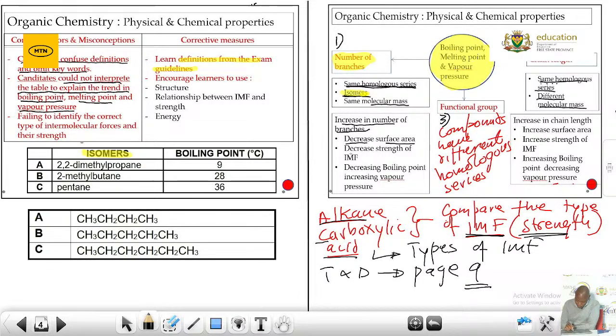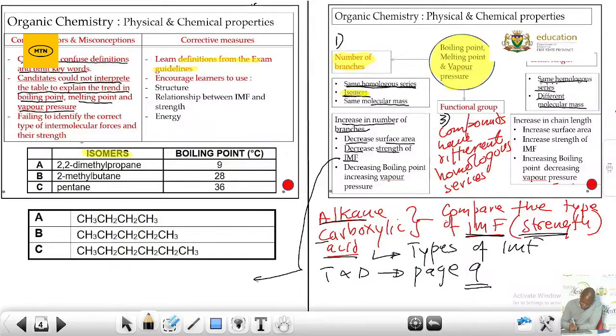And because of that, and remember, because they belong to the same homologous series, they should have the same type of intermolecular forces. So we only compare in terms now of the strength of the molecules that we are referring to. So a decrease in surface area results now in a decrease in strength of intermolecular forces.